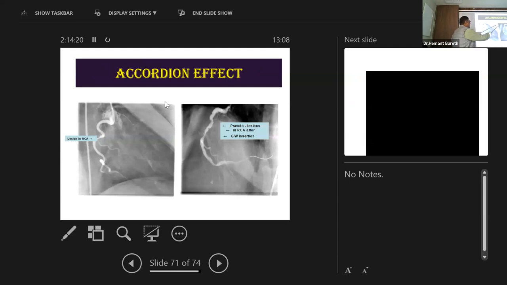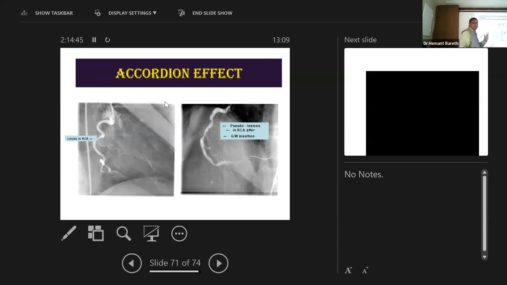And this is the straightening of the bends called the accordion effect. It produces these pseudo lesions. When the vessel is of this shape, if you put a heavy duty wire, then the vessel takes the shape of the wire, and these lesions appear, which is called the accordion effect.